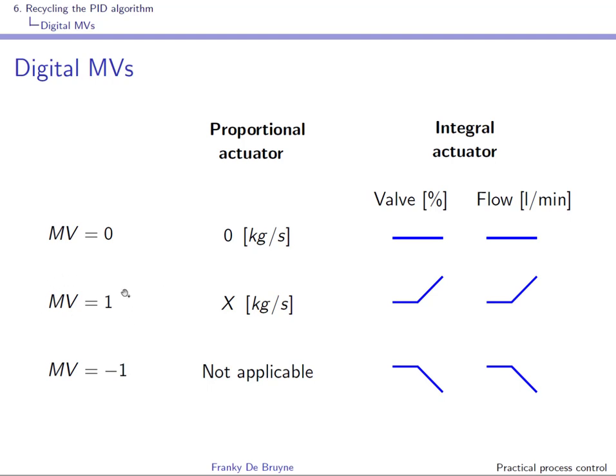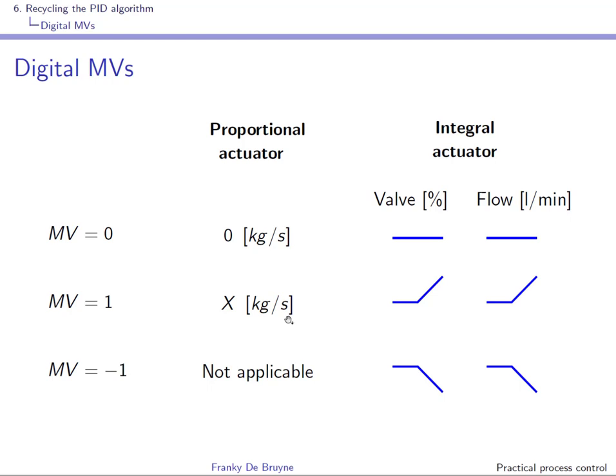If the conveyor belt is running, there is a given output discharge X, expressed here in kilos per second. If you play with the duty cycle, this is the proportion of time where the conveyor belt is running in a given period.